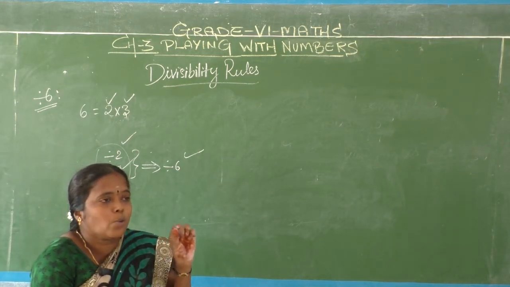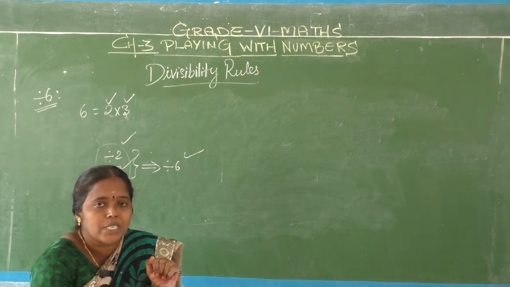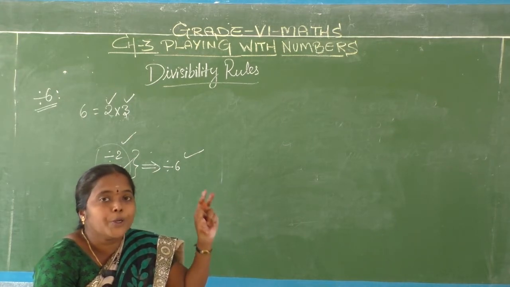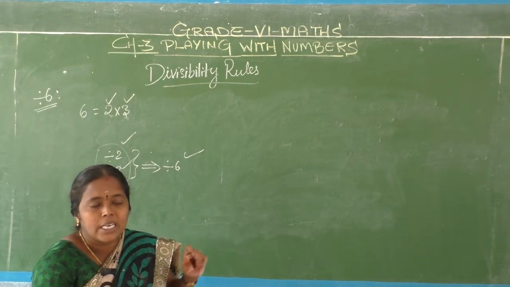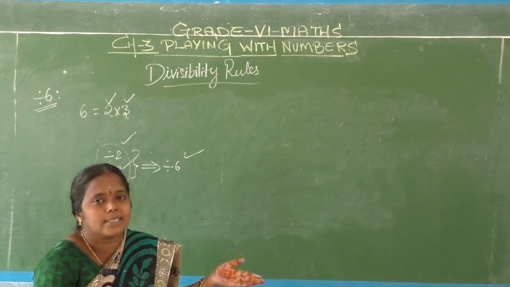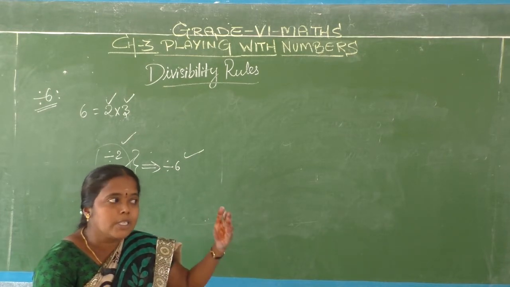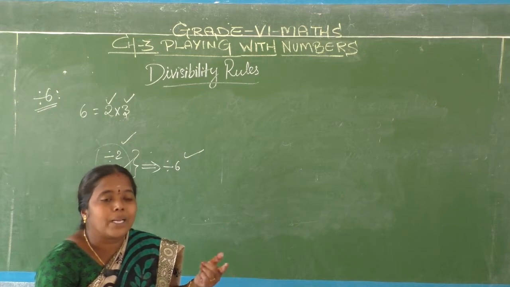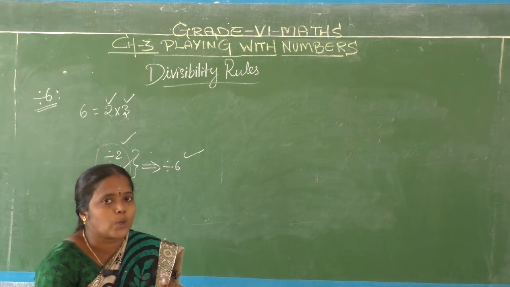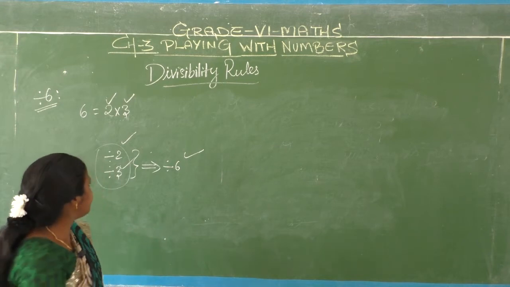We check whether the given number is divisible by the 2 table and 3 table. If in both cases it is okay, then we can finalize our answer: the given number is divisible by 6 also. Suppose divisibility by 2 is okay, but by 3 is not possible, then your final answer will be that the given number is not divisible by 6. Clear?